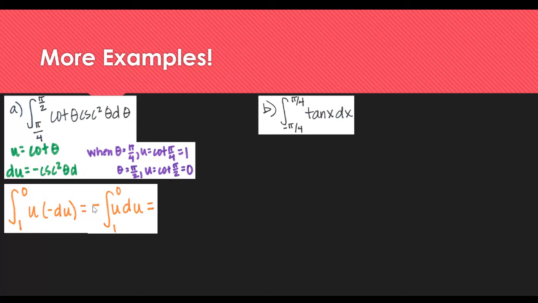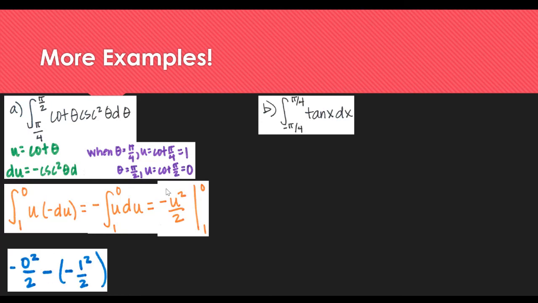Well, I can move that negative to the front, and the antiderivative of u is u squared over 2. So I have negative u squared over 2 from 1 to 0. And you always do top minus bottom. So even though those are in opposite order, the big one's on the bottom, that's okay. It'll work out once we plug our numbers in. So I plug in 0. That's 0, right?